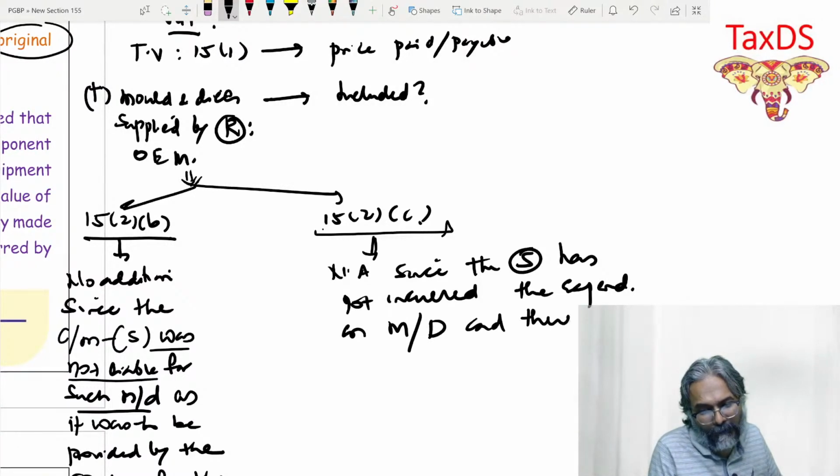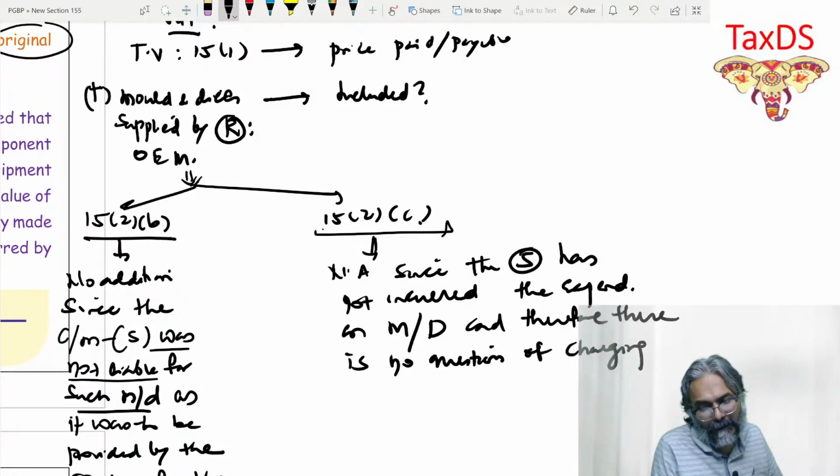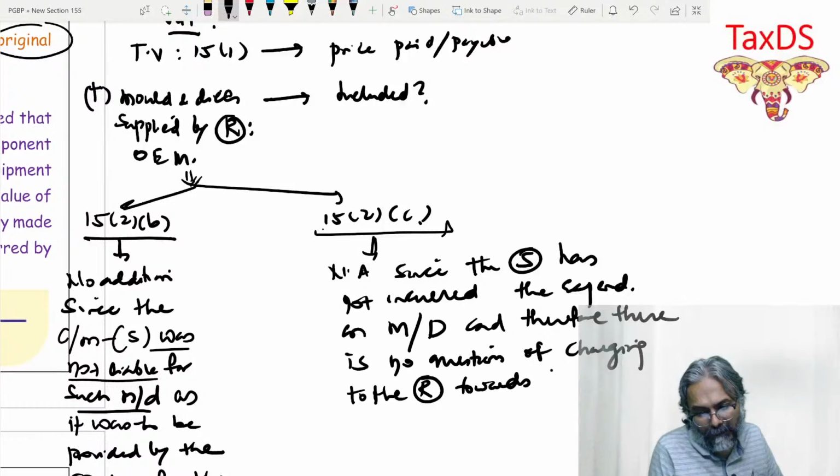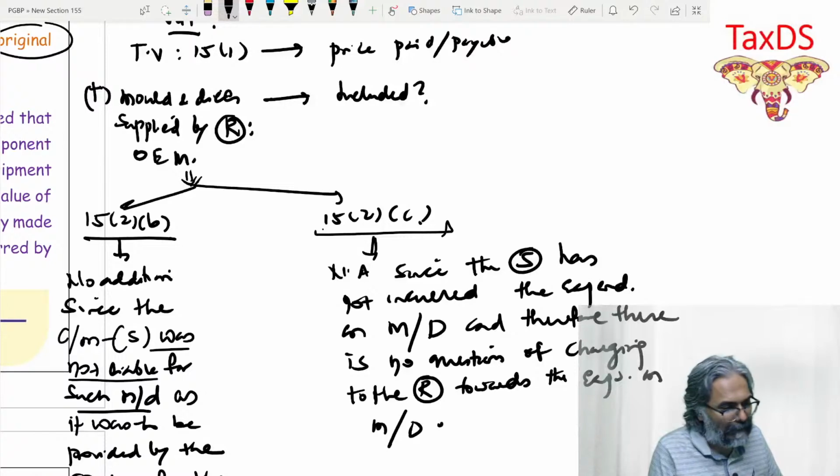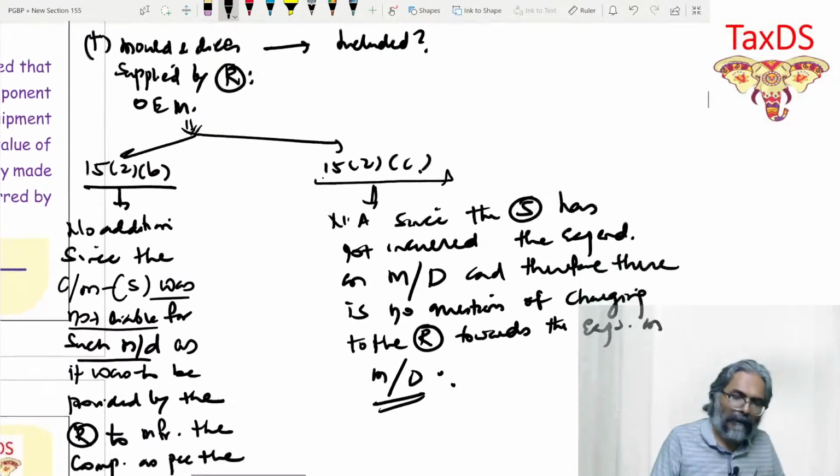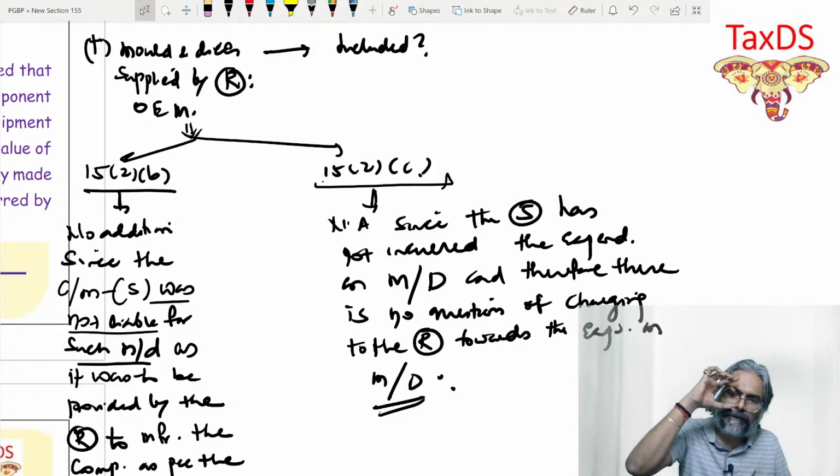Therefore, there is no question of charging the recipient towards the expenditure on molds or dies. Is that point clear to all of you, students?